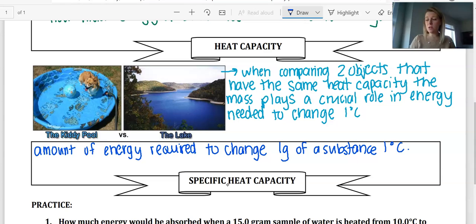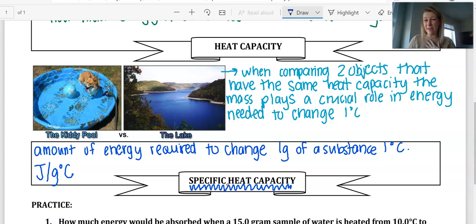So specific heat capacity is primarily what we're going to focus on using in this course. I just wanted to lead us in with that understanding of heat capacity into specific heat capacity. Now, specific heat capacity carries the units joules per gram degrees Celsius. If you really read into this, it states this requires X amount of joules for every 1 gram to change 1 degree.